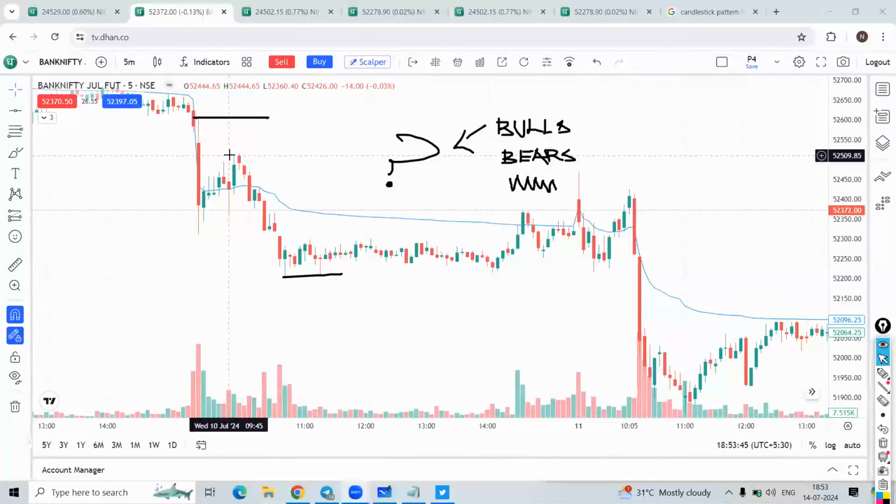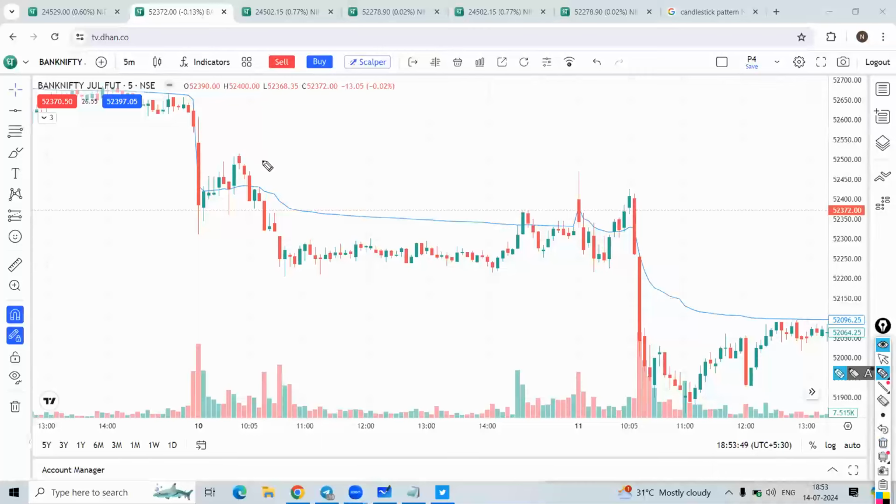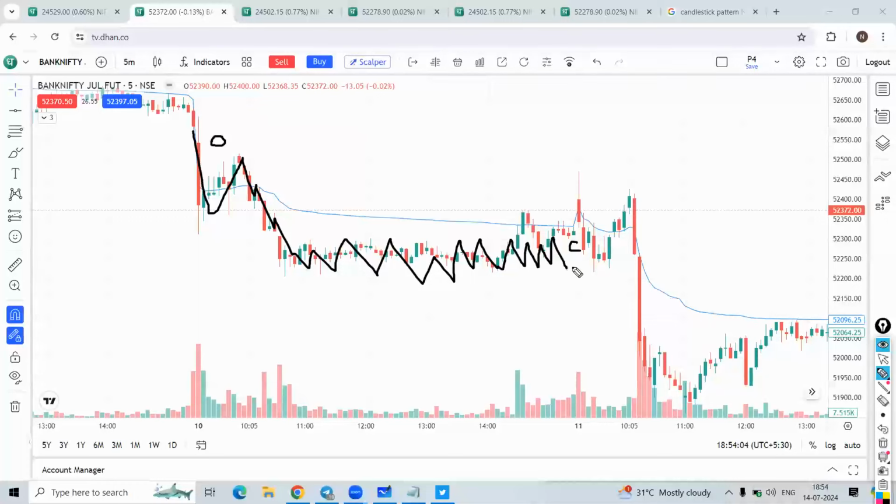Now, those who do not have the awareness of how to answer this question, it's simple. You need to know from the open till the close. In the morning, price came down, one attempt on the upside, bears dominated, and bears managed to hold the price and close near the lower range of the trading session.